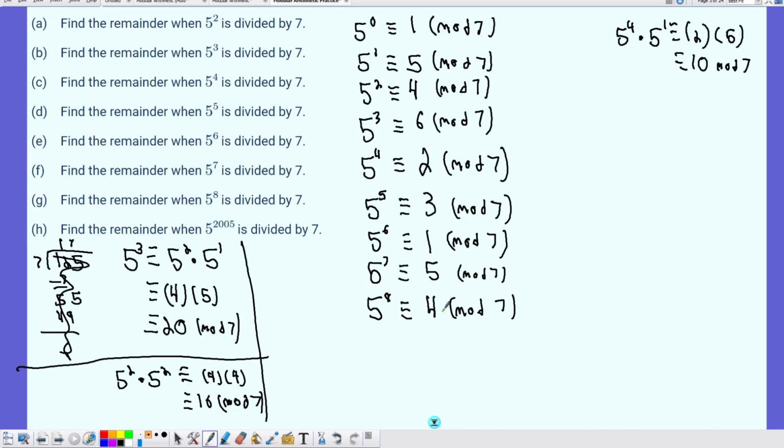So, what do we see happening here? Well, our pattern is repeating. 1, 5, 4, 6, 2, 3. 1, 5, 4.